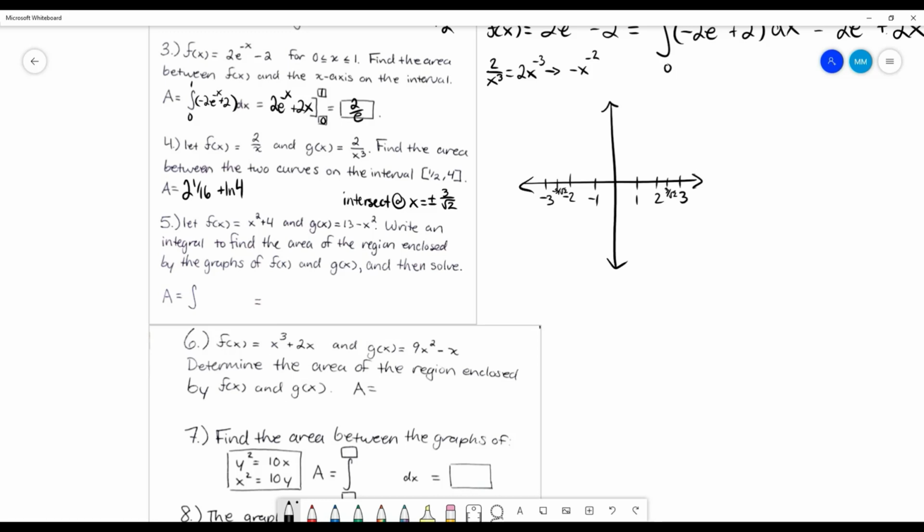Now I'm just going to plug in some simple values. So let's try plugging in 0. If I do f of 0, that equals 4. g of 0 equals 13. Okay. So these are going to go pretty high. I'm going to put that as maybe like 20 right now and hope that that's high enough. We might have to change that.